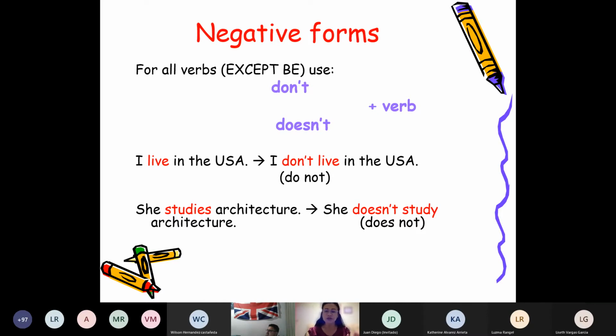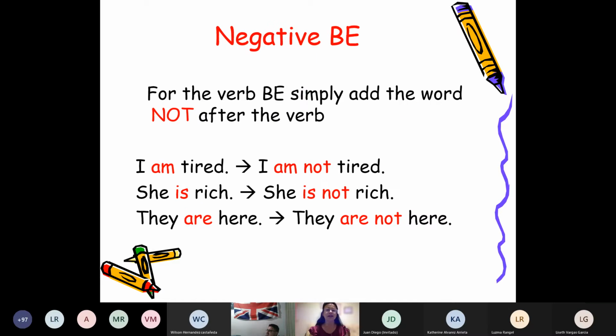What happened with the verb to be? The verb to be doesn't have the auxiliaries do and does. And you use the verb to be with the negative word. The affirmative sentence in the present simple is, I am tired. The negative sentence is, I am not tired. She is rich.